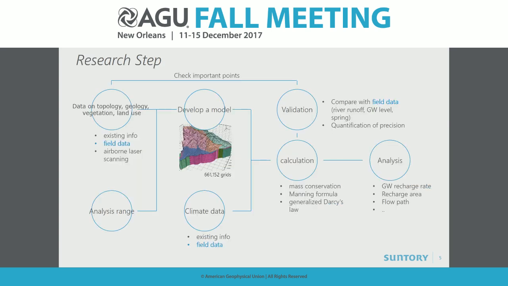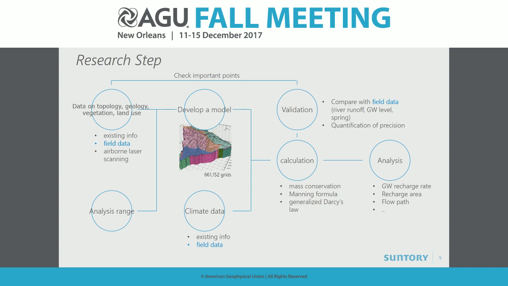Here is the research step. At first, we tried to develop a model only from the existing literature, especially the geological structure and climate data. We calculated the water cycle and validated the calculated data with field data like river runoff, groundwater level, and springs.